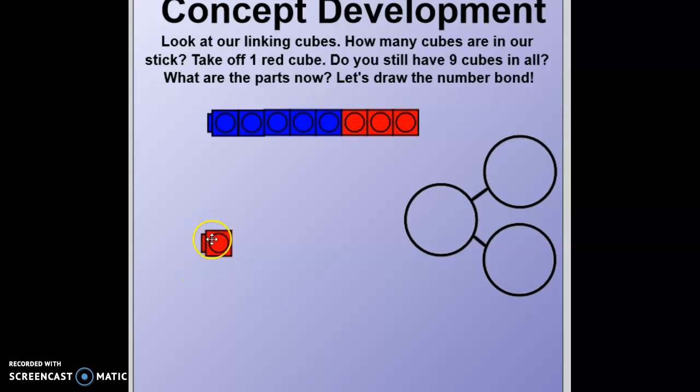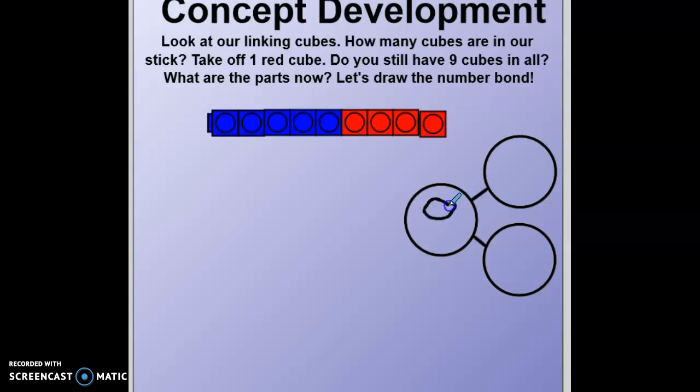It said, look at our linking cubes. I'm going to move this one back until it tells me to move it again. How many cubes are in our stick? Well, let's count. 1, 2, 3, 4, 5, 6, 7, 8, 9. So that is our whole.